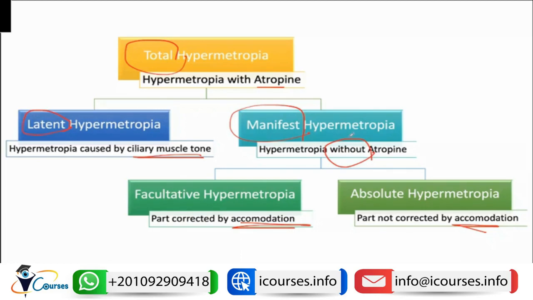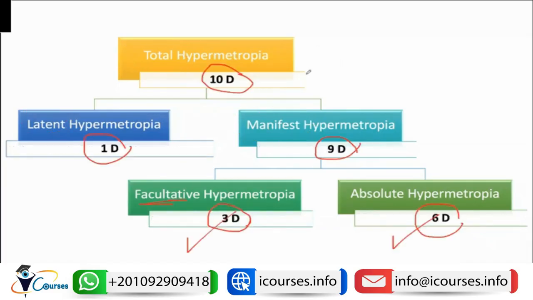This is after knowing the full refractive error of the patient under atropine. So he has +10. If the patient is non-atropinized, or does not have any cycloplegic eye drops, this +9 has two main components.